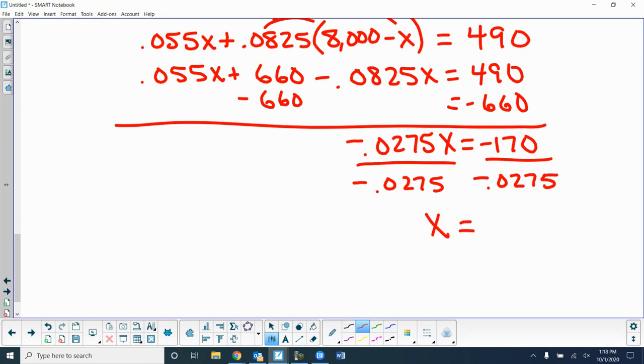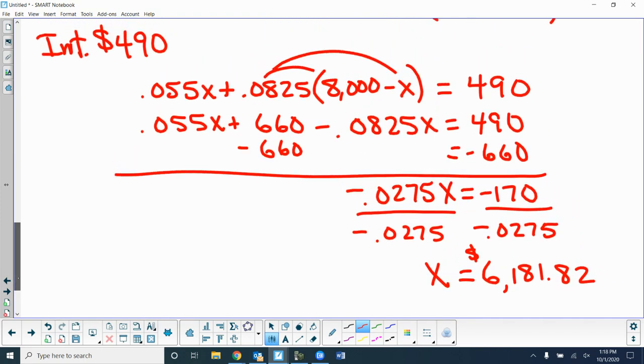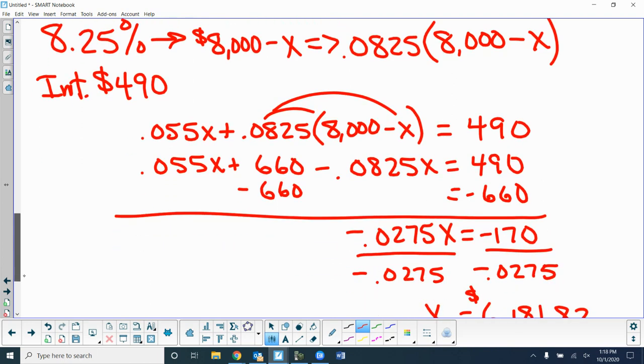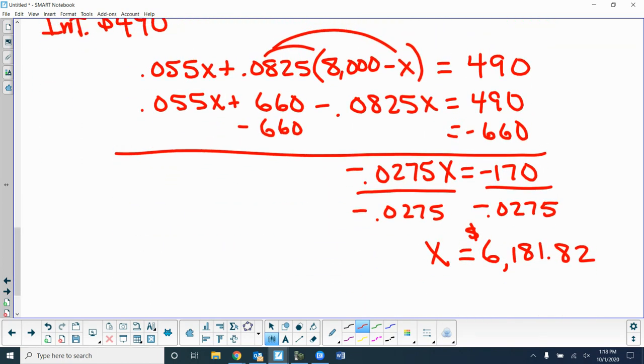When we do that, it comes out to $6,181.82, rounded to the nearest cent. So remember, back in the beginning, the X was for the 5.5% interest. So that was the amount we put in there.